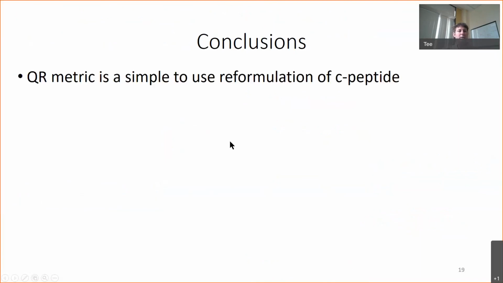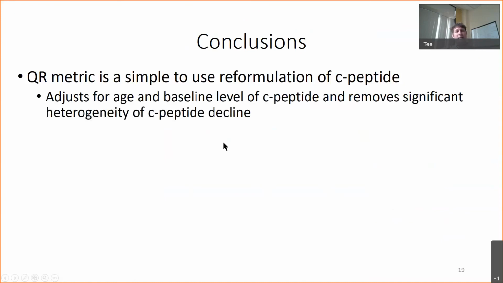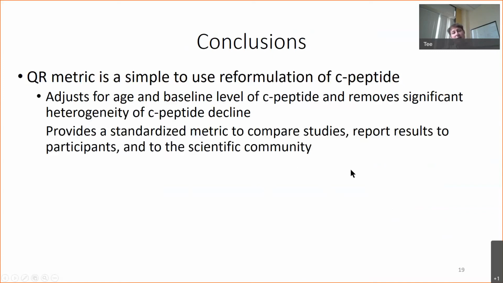So the conclusions here: the QR metric is simple to use. It's a reformulation of C-peptide, and it adjusts for age at baseline and baseline C-peptide level, and removes a lot of the significant heterogeneity of C-peptide decline. And it provides a nice standardized metric to compare studies and report results to participants and the scientific community.